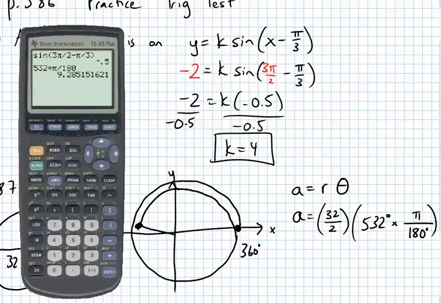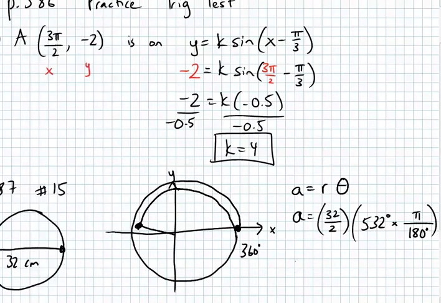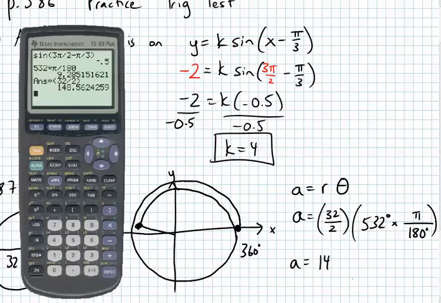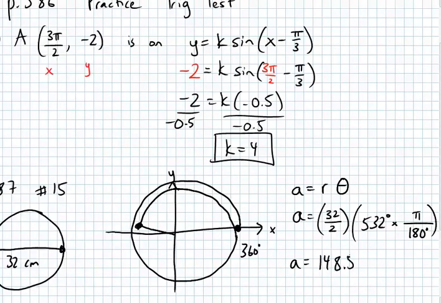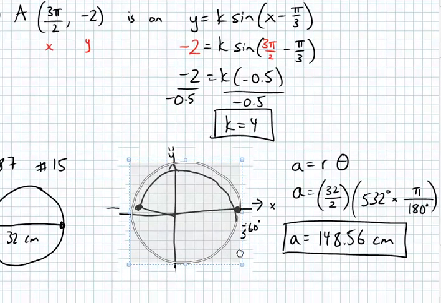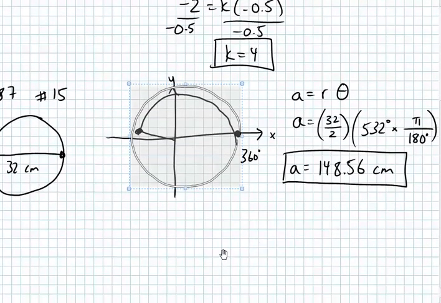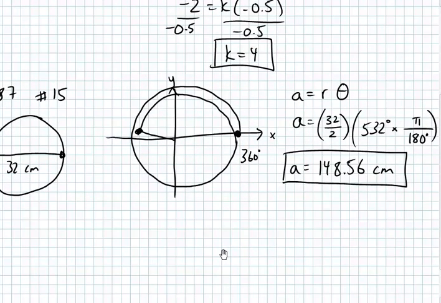So 9.28 times 16 is 148.5 centimeters. So you didn't need to model that with a sine or a cosine graph. That just comes from section number 1.